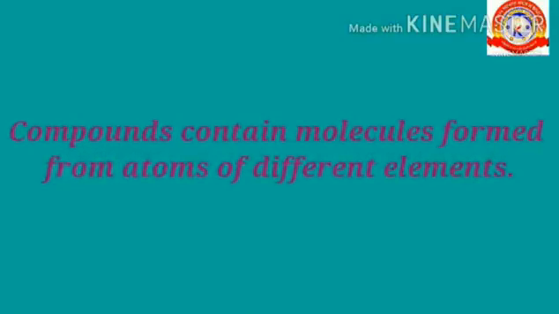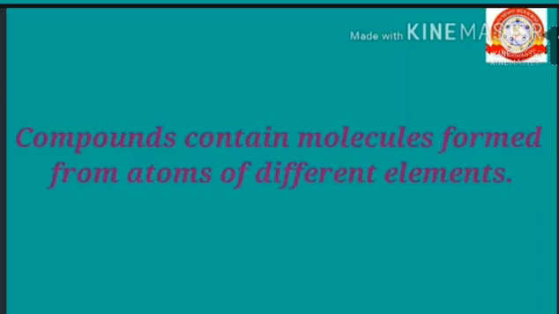We have seen how molecules are formed from the same type of atoms. Millions of English words are formed from the letters of the English alphabet. Similarly, compounds contain molecules formed from the atoms of different elements. Carbon dioxide is a compound.